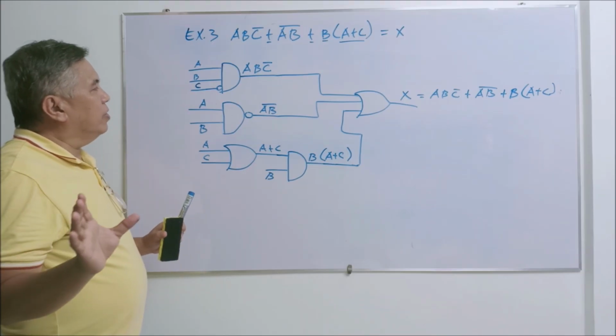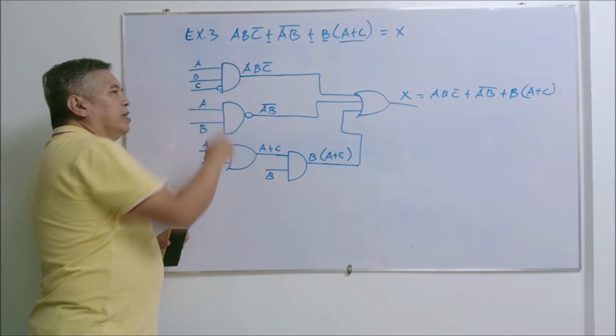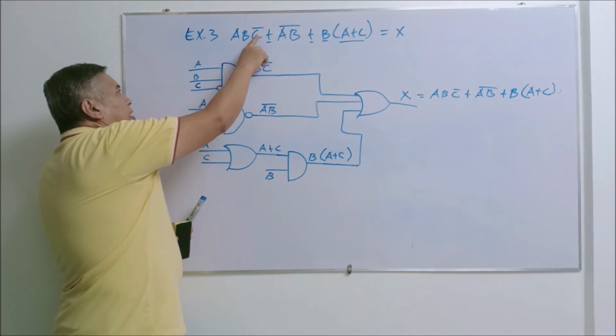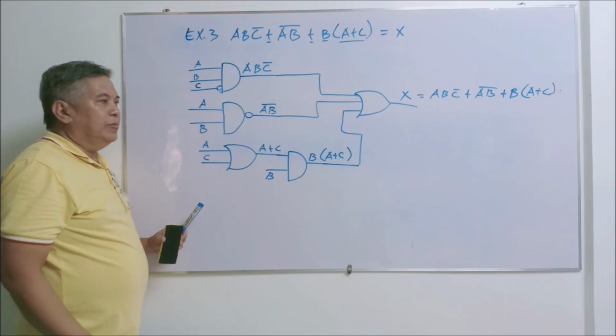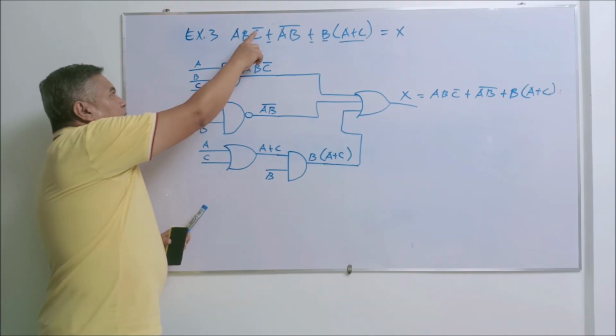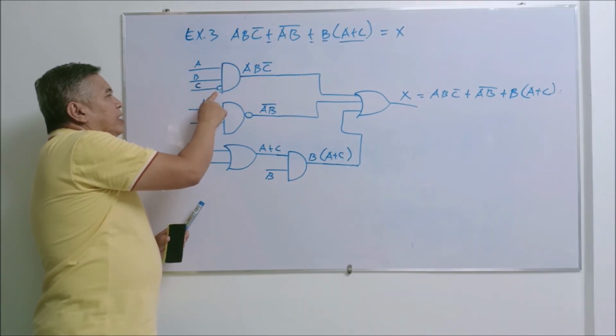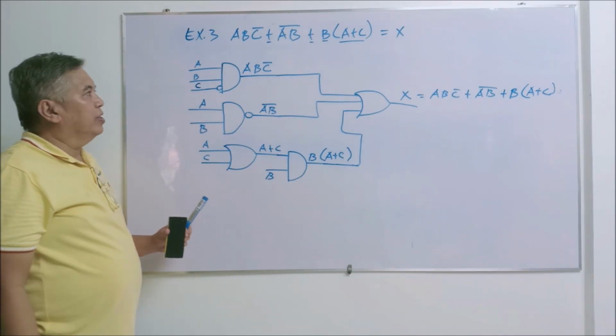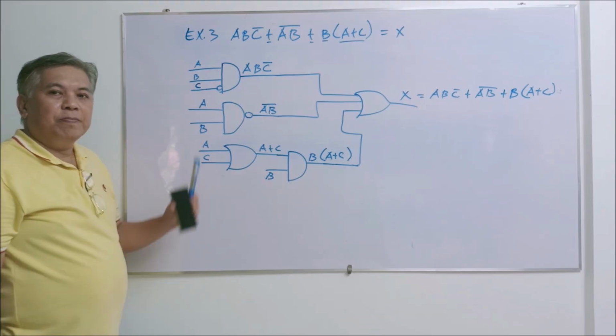Now, take note of the complement here. If the complement is only placed on one variable, the complement or the inverter is placed at the input part of your symbol.